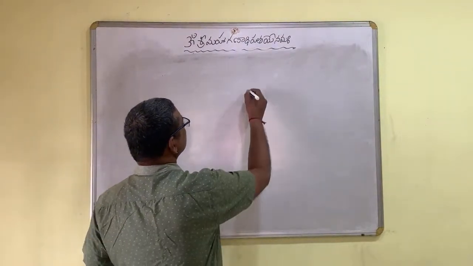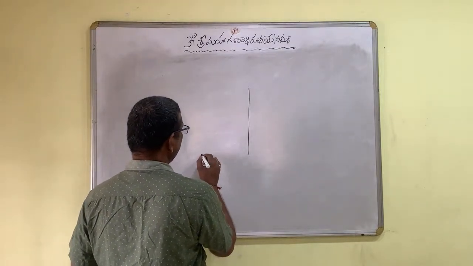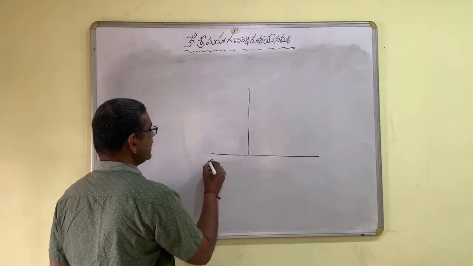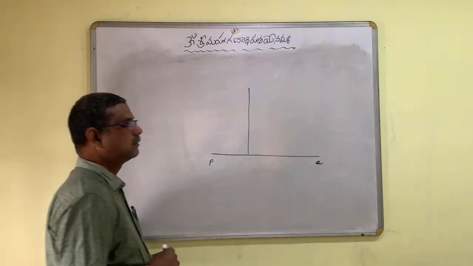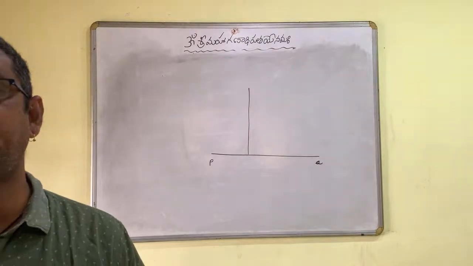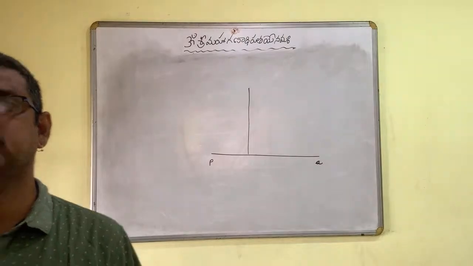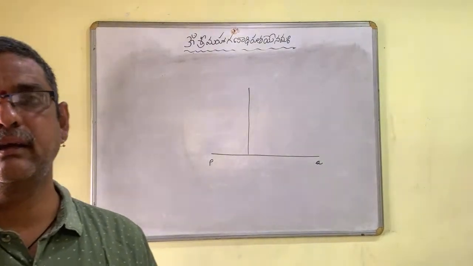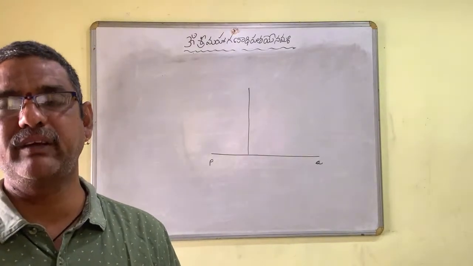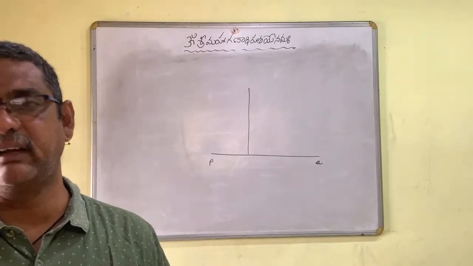So the question is, there is a tower and P and Q, two men. They are standing at P and Q on the opposite sides of a tower. P and Q are points of observation where P is on one side of the tower and Q is on the other side of the tower.